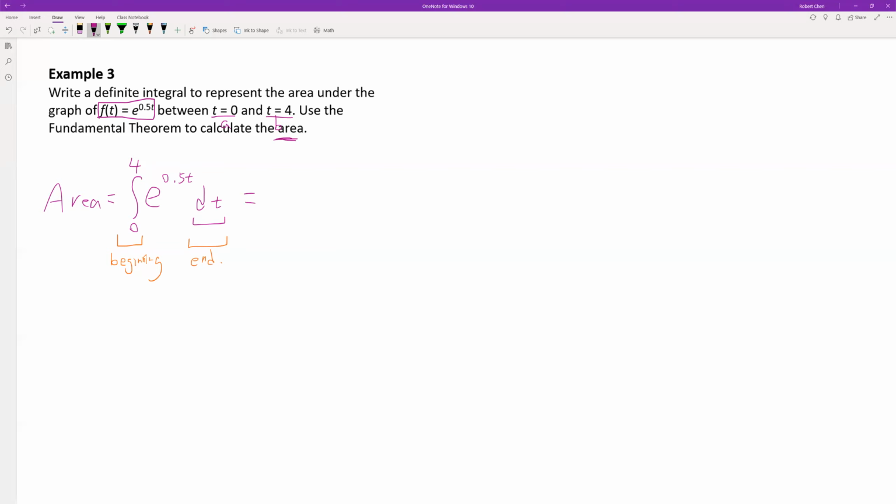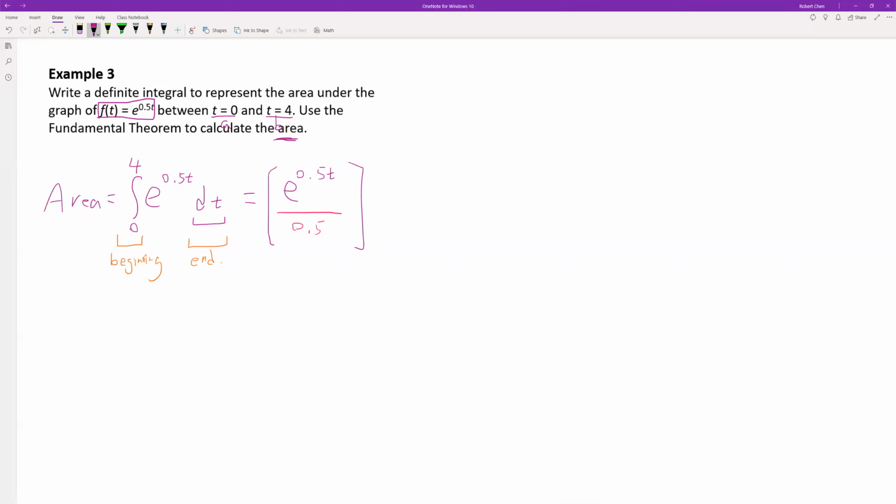All right, so we're using the same thing, right? It's exponential. That means when we integrate, we copy the same exponential function and then divide that by the constant a. In this case, the constant is 0.5. Okay. All right, and next we want to evaluate this whole thing, right?